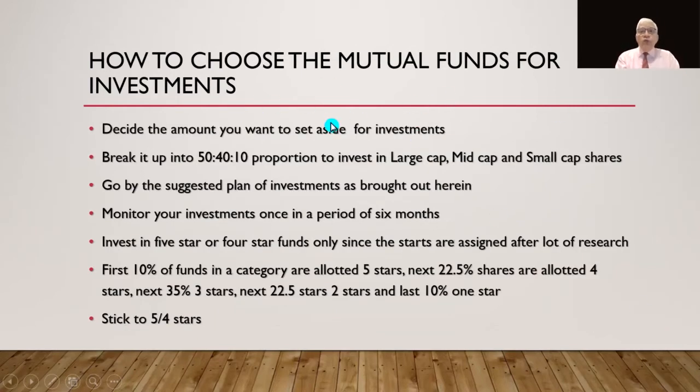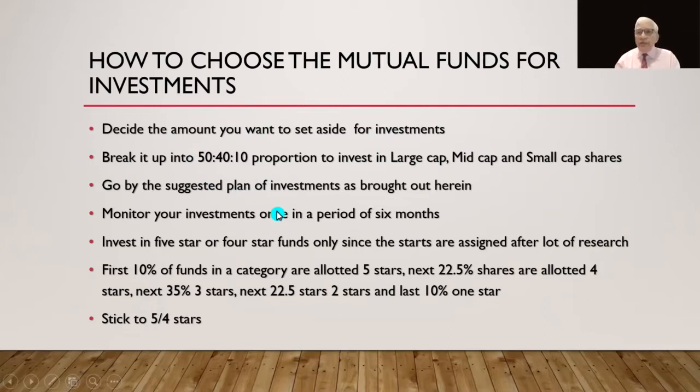Now, how to choose mutual funds for investment? Well, this is an important issue, and this will be the most important input you receive from this course. First of all, you have to decide on the amount that you want to invest. Let's say 10,000 or 20,000 rupees per month. Then break it up in this ratio: 50%, 40%, 10%.